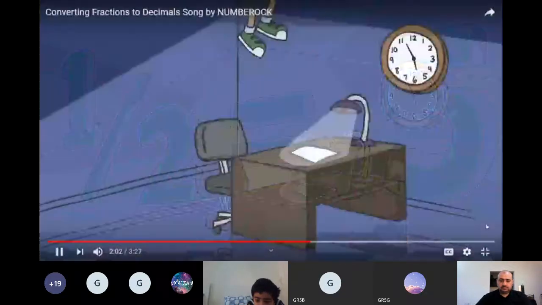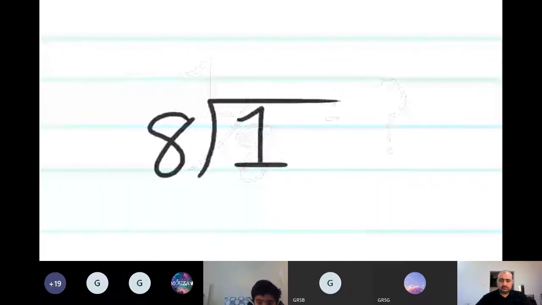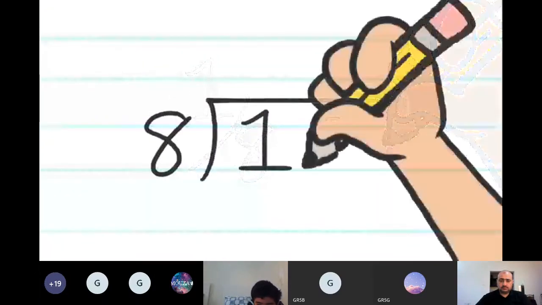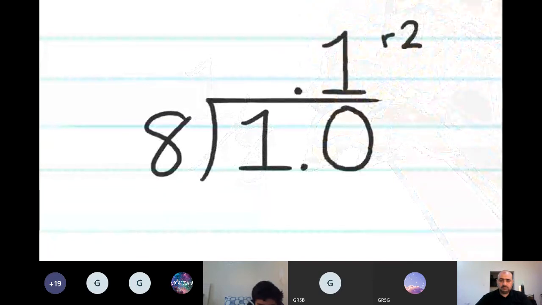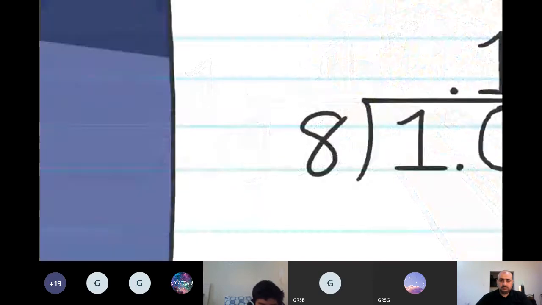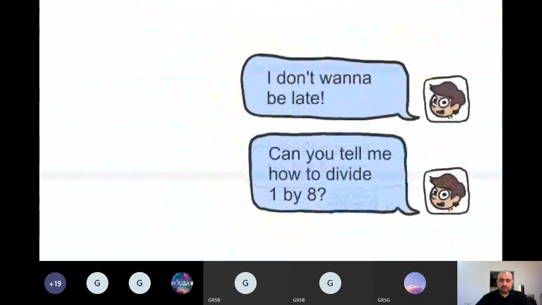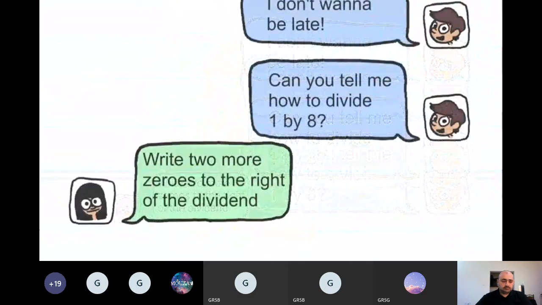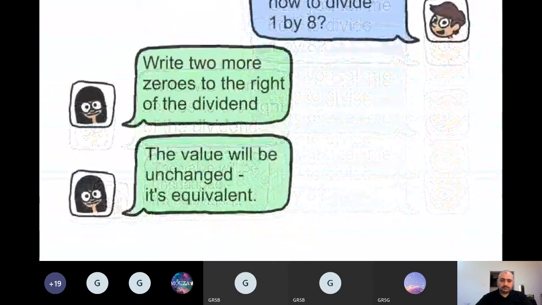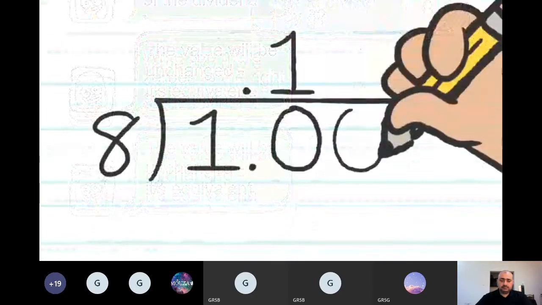I had to get my homework done before the school dance. I had to convert a fraction, couldn't leave it to chance. I divided the numerator by the denominator, but to my surprise, there was no remainder. I texted my friend, I don't want to be late. Can you tell me how to divide 1 by 8? She said, Write 2 more zeros to the right of the dividend. The value will be unchanged. It's equivalent. I divided the 2 numbers and got 0.125.